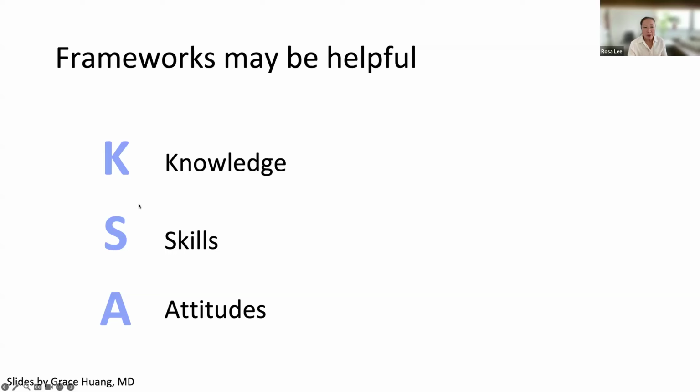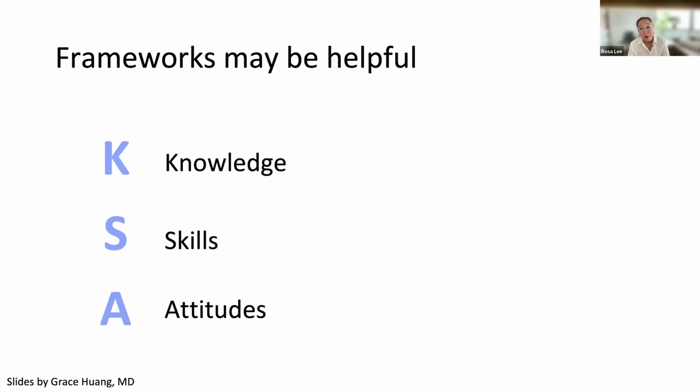Well, you can think about this like KSA, the knowledge, skills, attitude framework. Is your learning objective that they acquired some sort of knowledge, and if so, what's the best way to demonstrate that, right? So that might be a multiple choice question examination or a written exam. If it's skills that you want your learners to obtain, you want to match an assessment that's going to demonstrate that. So then a multiple choice exam may not be the right assessment, right?